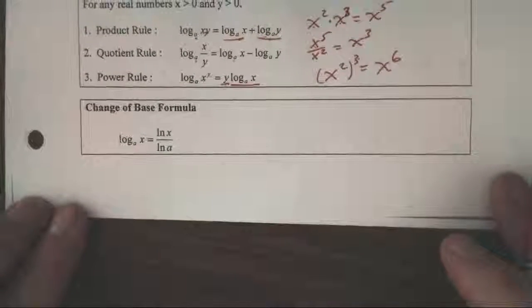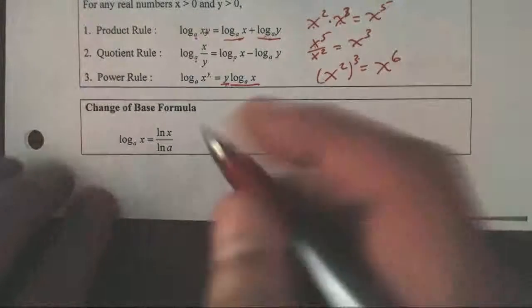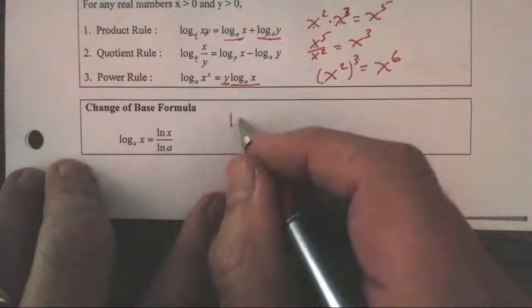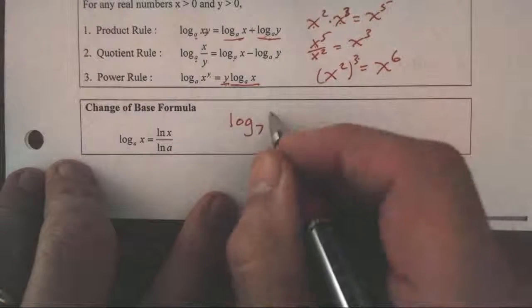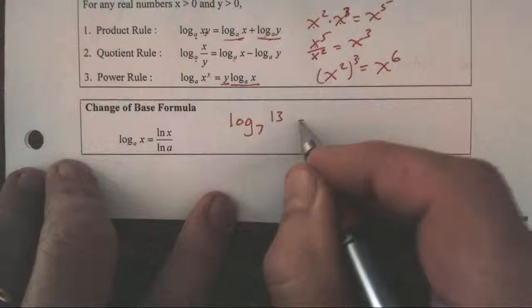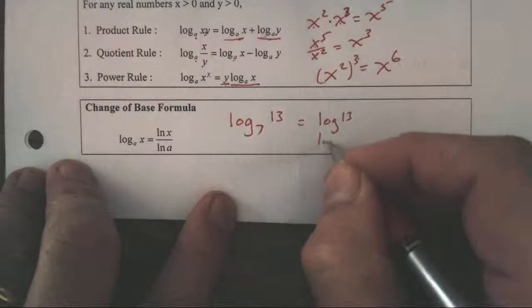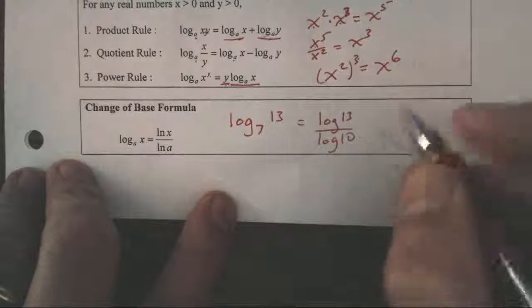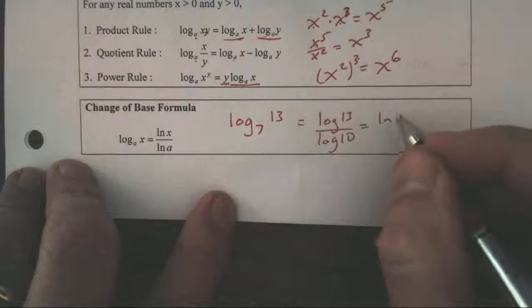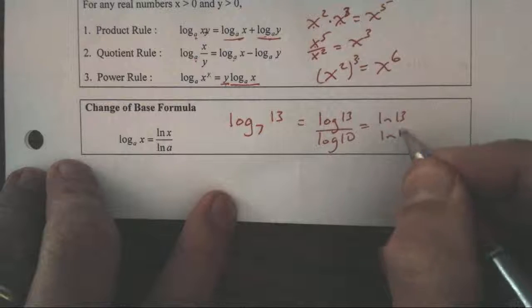Change of base formula. I believe we're all familiar with the change of base formula. Here's a quick example. If I have log base 7 of 13, I can rewrite that as log of 13 over log base 10 of 7. I could rewrite it as ln 13 over ln 7.